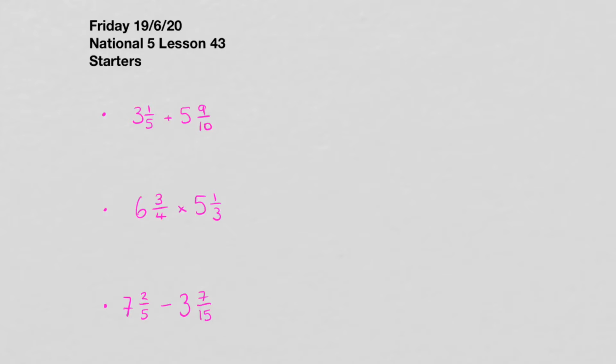Okay, so just to start with then, we've got 3 starters here. If you know what you're doing, just pause the video and then look at the answers. Otherwise, stick around. I'm going to go through these quite quickly today. Remember what we're doing is leaving the whole numbers as they are.